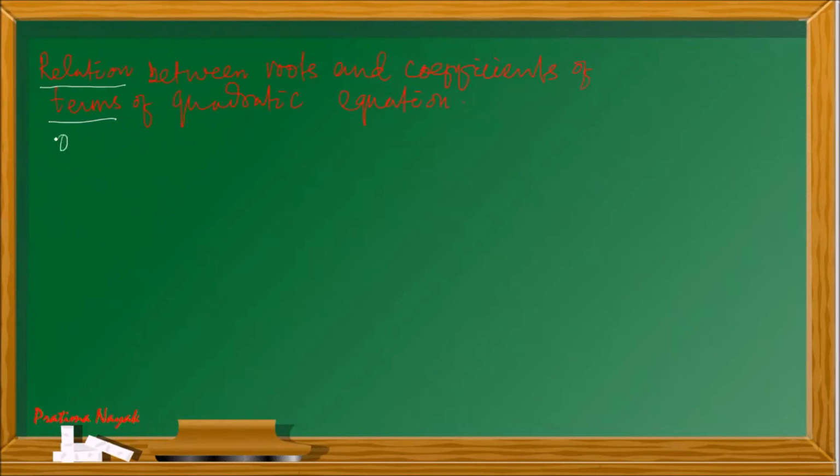Any quadratic equation, in general form, we write as some x square, I'm saying it A, some x, I'm saying it B, and some constant. Some x square, some x, and some constant.